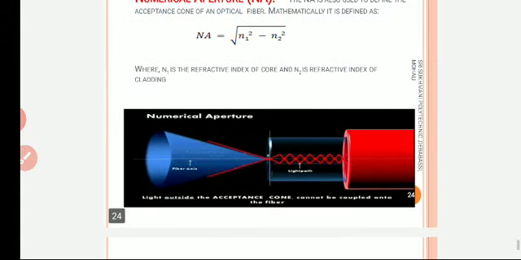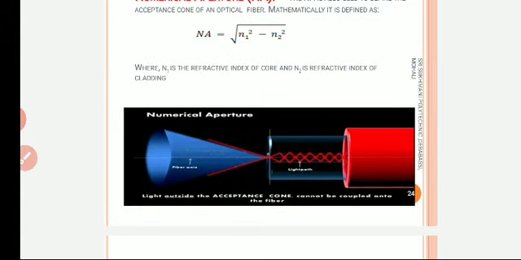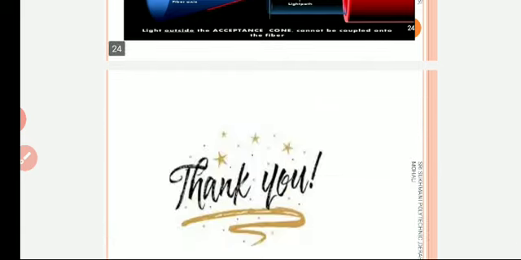So this is the acceptance cone, that if light coming out from the laser or LED is within this portion, then all the light will be inserted into the core portion. But any angle greater than this cone angle will not properly go within the core, and the light will be wasted.